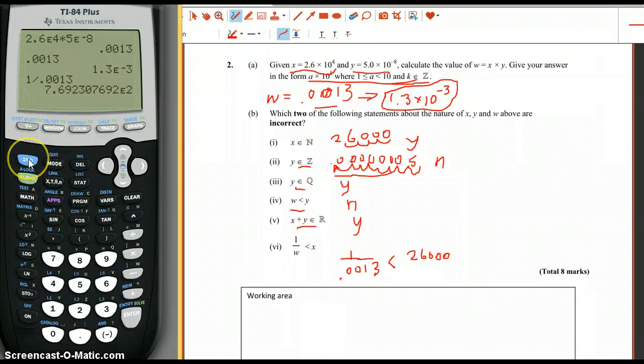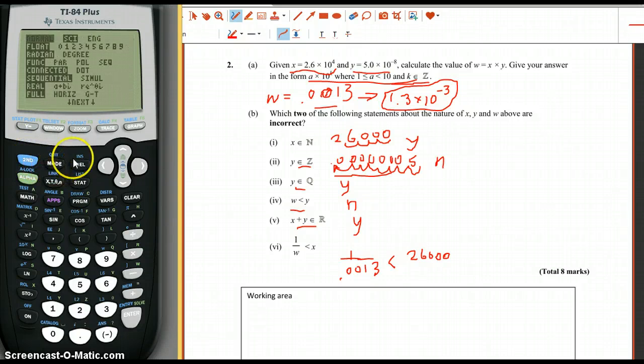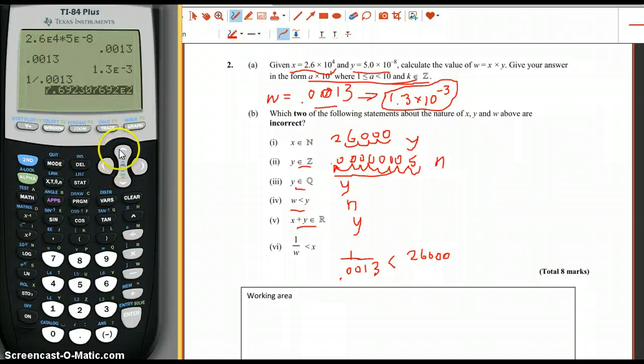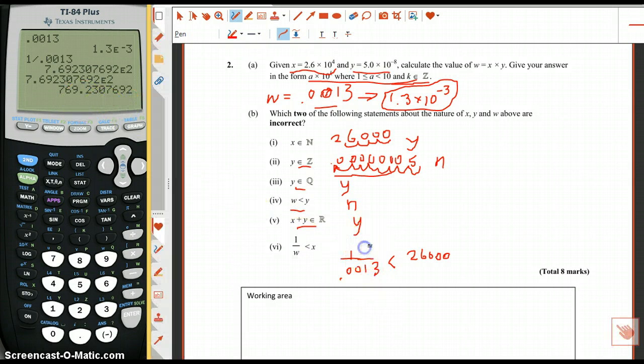Let's see. Oh, we forgot. It's still in that weird mode. Well, we don't do that. Mode. Normal. Go back. Okay, now let's go grab this and then we'll hit enter, and we just want to see it as a regular number. 769. Okay. So, is 769 less than 26,000? Of course it is. So yes.